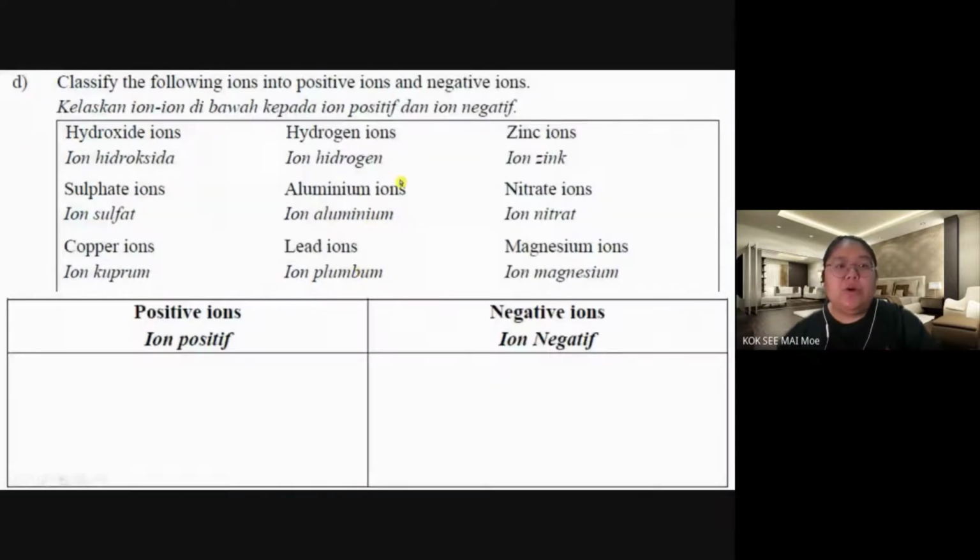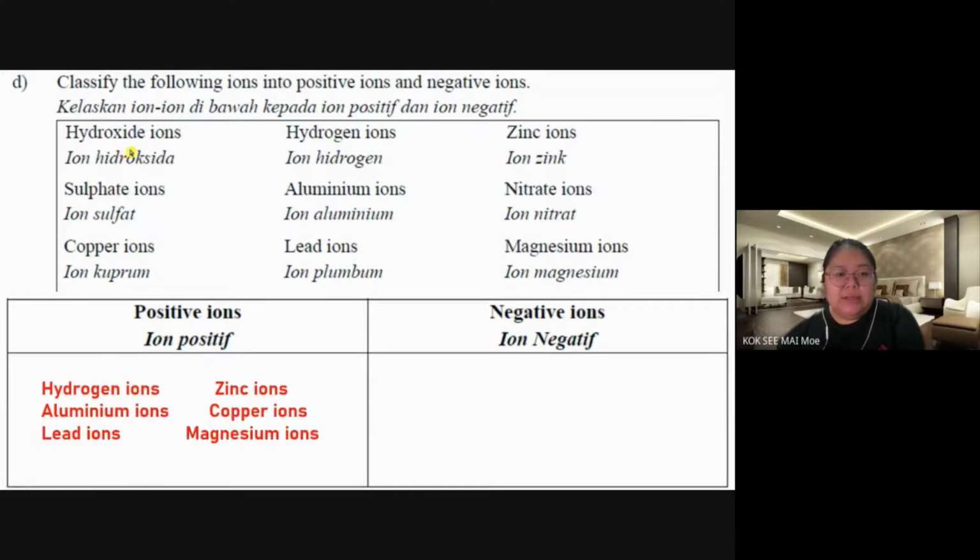Then this one they ask you to classify the following ions into positive ions. Which one is a positive ion? You can refer to the table. Hydroxide is a negative. Hydrogen is positive.